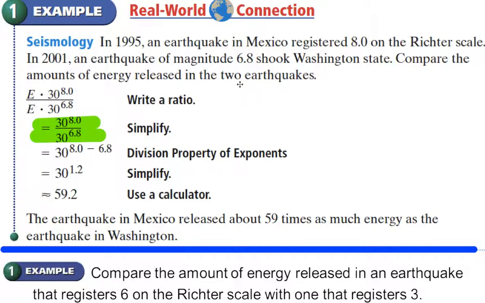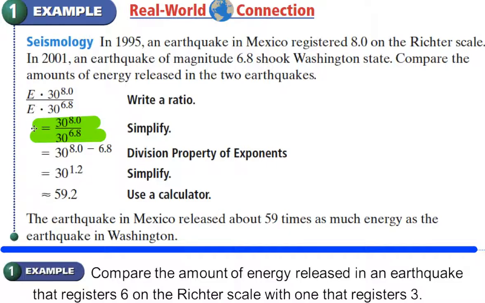All right, the formula that we're using, or the ratio, is E times 30 to whatever the number was on the Richter scale, so the 30 to the 6.8. Now the E's cancel out because they are like terms.